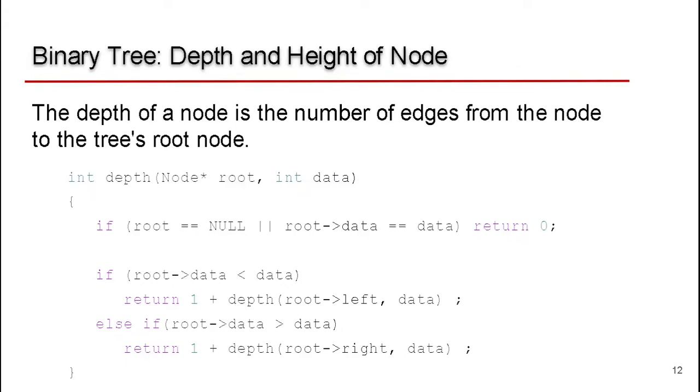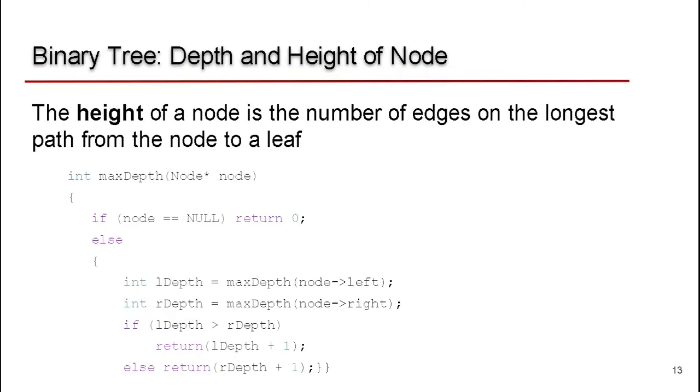This is another code to calculate the depth and height. If you remember, the definition of the depth of any node is how many edges, or connections, there are between it and the root. So this is the depth, and the height is the longest path that connects the root with a leaf.